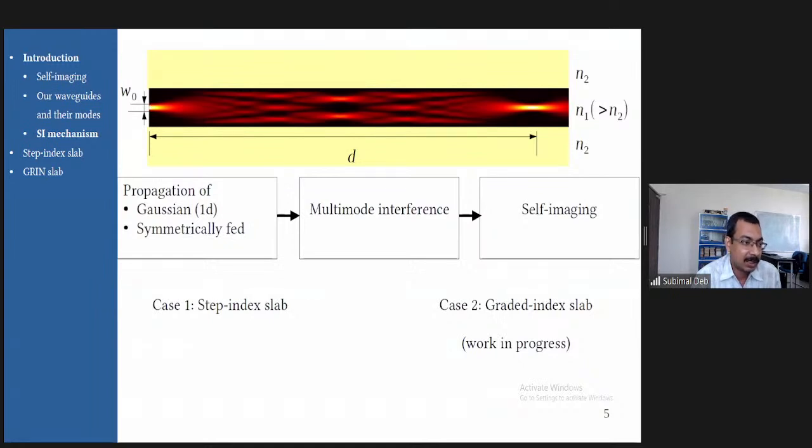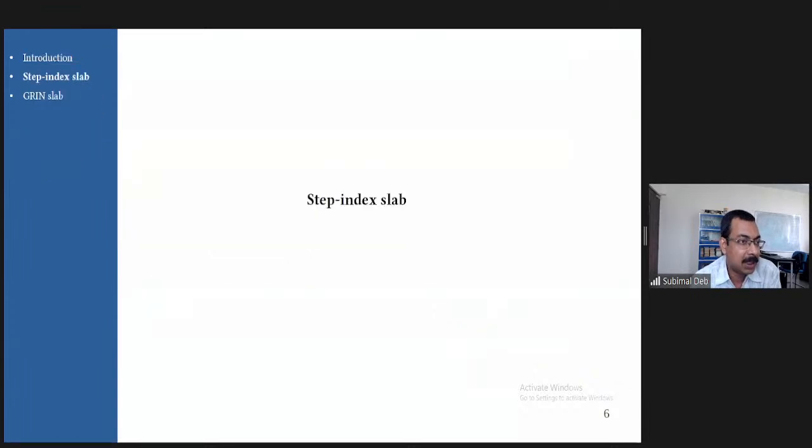So the first case of the step index slab is what I'll be talking about next, followed by the graded index slab. And the graded index slab is a problem that is a work in progress. I call it a work in progress because it has just been submitted. And the results of the step index slab have recently been published.